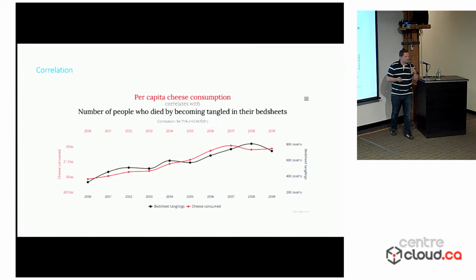Just because 2 things happen at the same time does not necessarily mean that they are in any way related. I'm no dairy expert and I'm no expert on sleeping habits, but I'm pretty sure that there is no causal relationship between those 2 things. If you're interested in more correlations like these, there is tylervegan.com. He has a ton of those things.